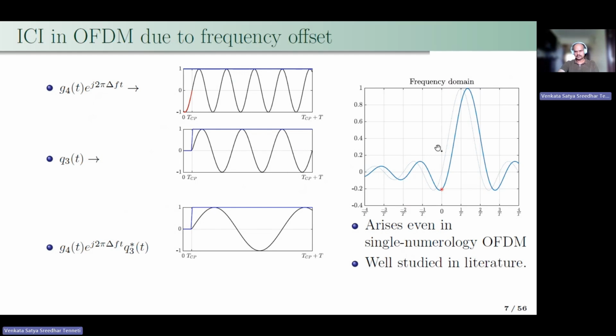This can also be seen from the frequency domain representation. Due to the frequency offset, the sinc function has been shifted from its original position, and now at frequency 0, the value of the Fourier transform is non-zero. So these two subcarriers are not orthogonal. This is due to intercarrier interference. Notice that ICI arises even in single numerology OFDM, and it is well studied in the literature.